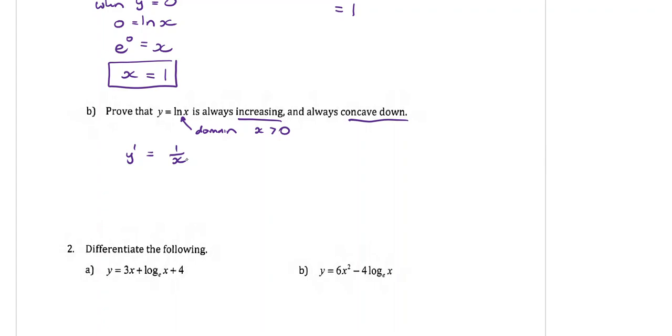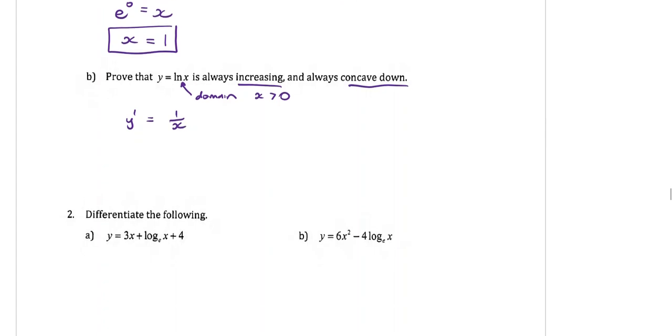Has to be, right? So I could say here that this is going to be greater than 0 when x is greater than 0. So that means that it is always increasing. Okay, that was the first part.